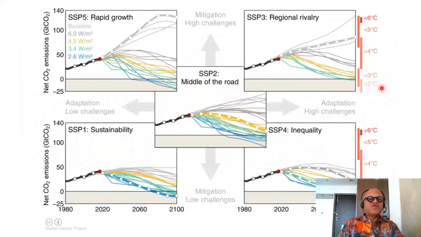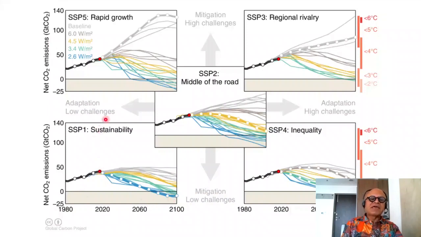So what we do for the future, of course, is create what are called narratives or scenarios, where you look at how the CO2 concentrations will increase, so net CO2 emissions starting from, let's say, 2020 going into the future.